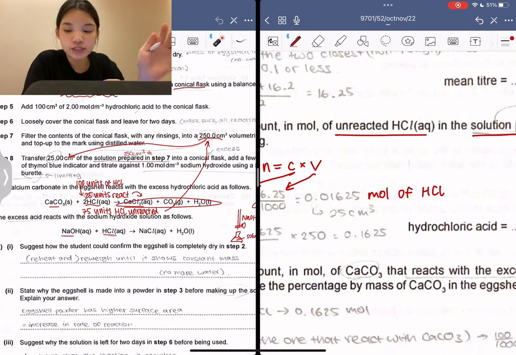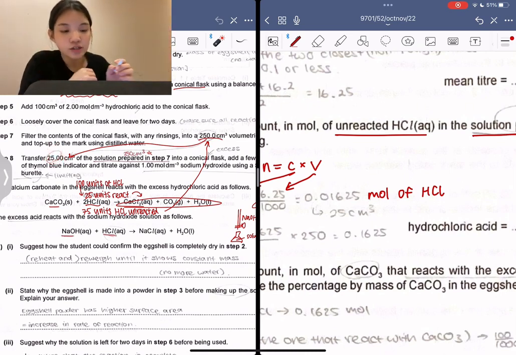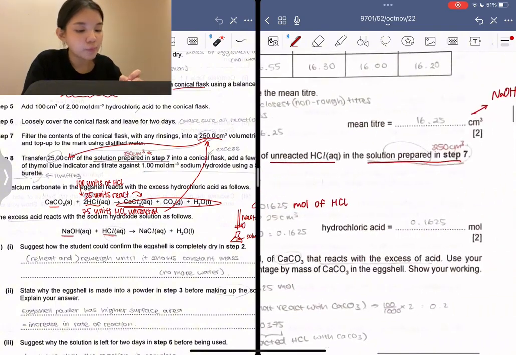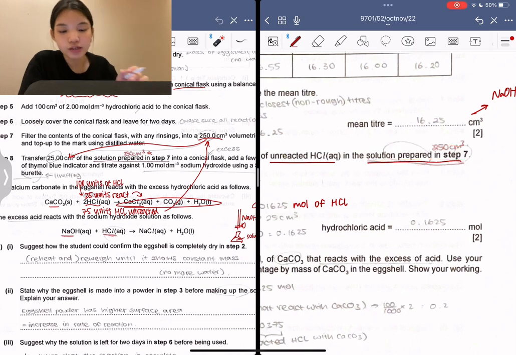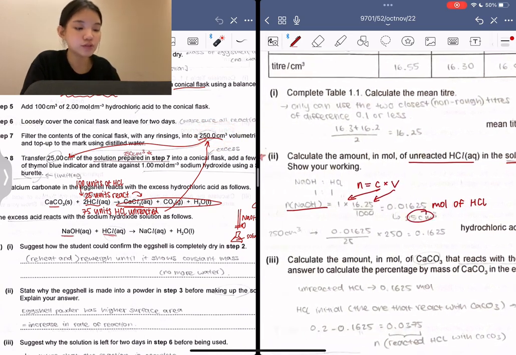However, this is for the transferred 25 cm cube of the HCl. So you want to find the mole of unreacted HCl in the solution prepared in step 7. The solution prepared in step 7 has a volume of 250 cm cube total. So you want to convert 25 cm cube to 250 cm cube.